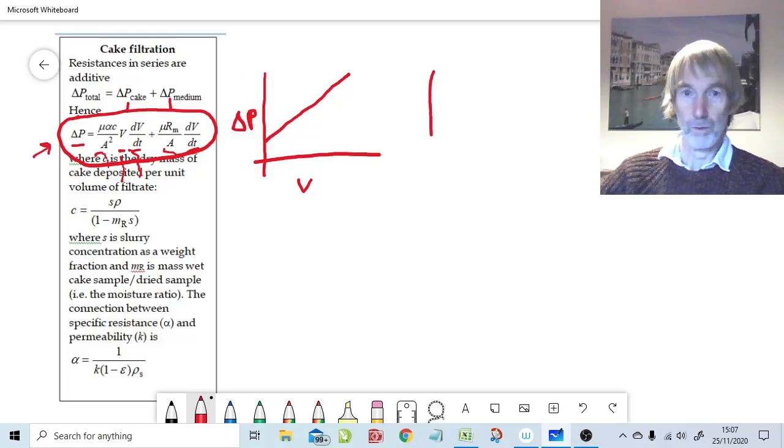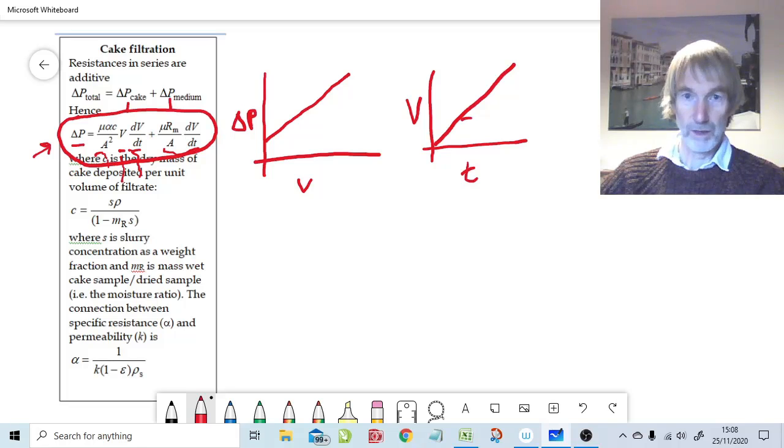So, we are dependent upon observing something looking like this for filtrate. There's nothing to start with, there is no intercept here. Volume of filtrate is 0 at time equals 0, and it obviously goes up like that.